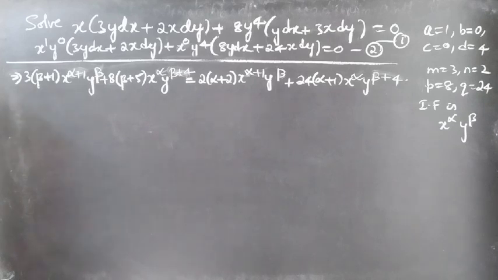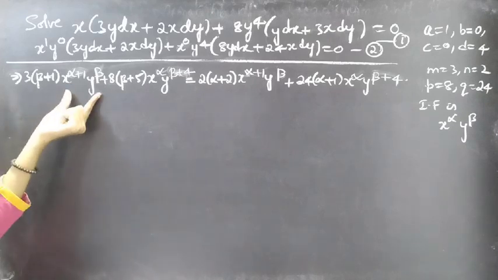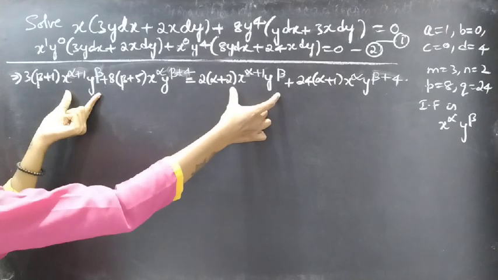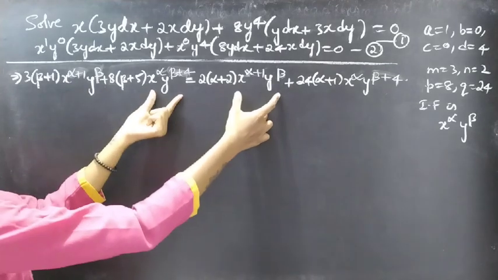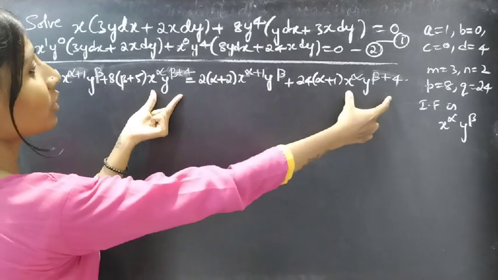So if you notice, we are having x^(α+1) y^β in these two terms and x^α y^(β+4) in these two terms, right?